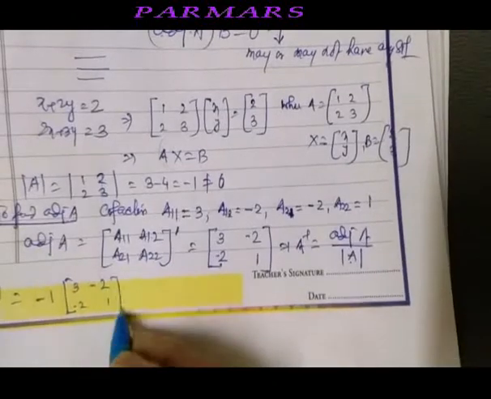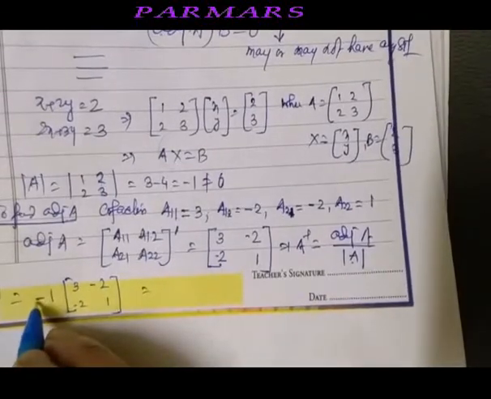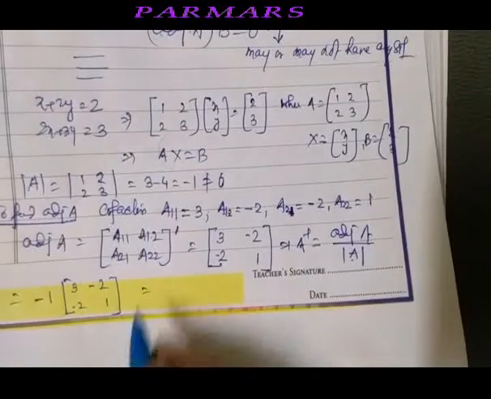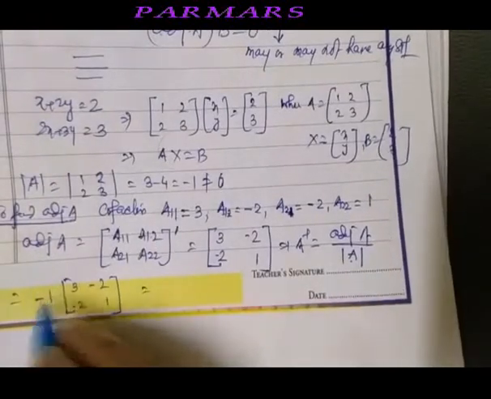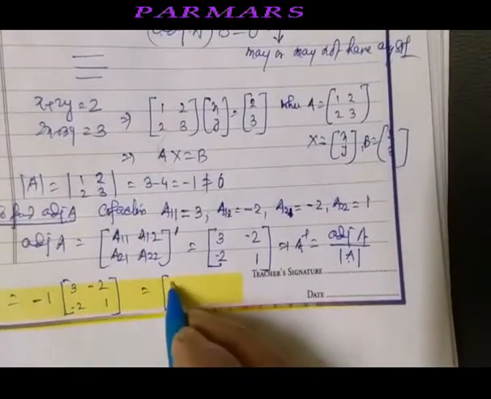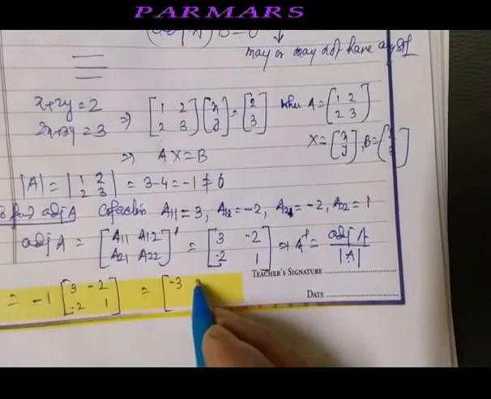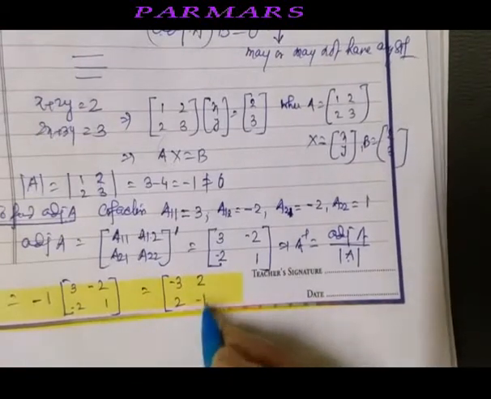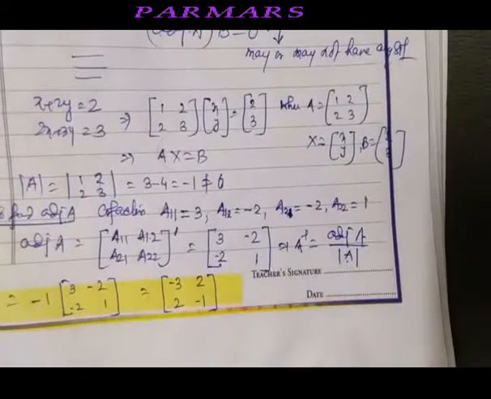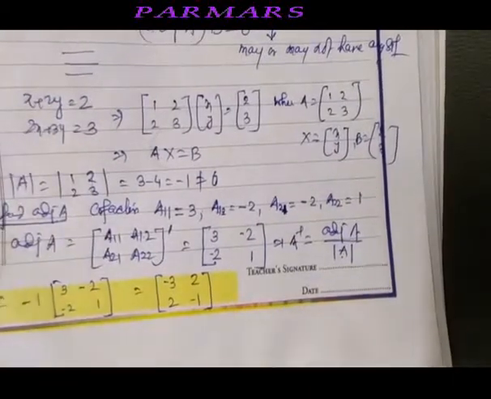Now multiply minus 1 inside. Each and every element of the matrix में क्या होता है, scalar multiplication जो है सभी element में होते हैं. तो this is -3, this is +2 and -1. This is what A inverse.